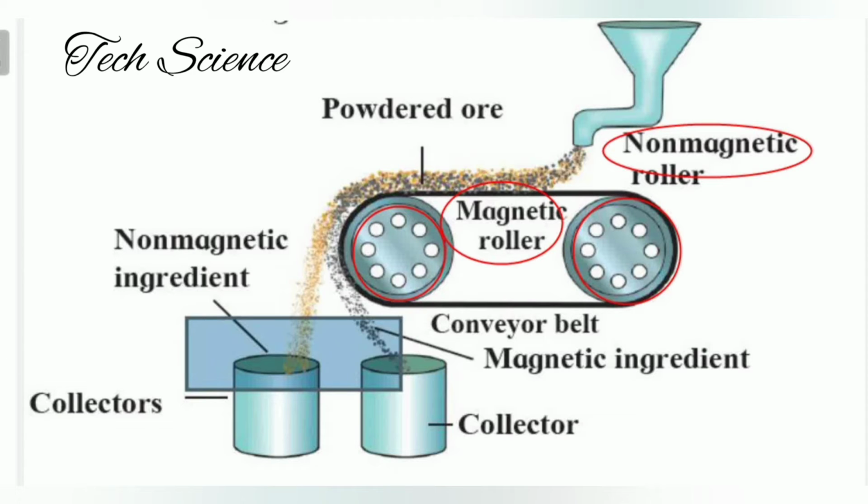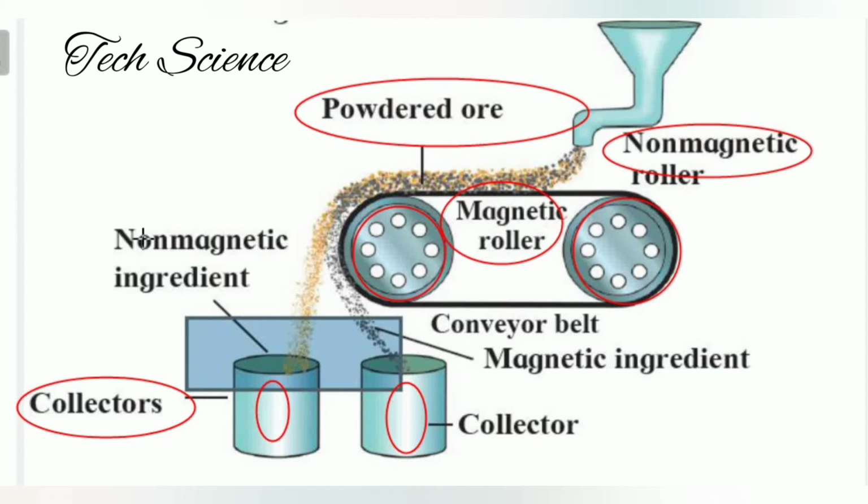After that we have two kinds of vessels called collectors. This is the first collector and this is the second collector. In this we have to separate the two types of things which are present in the powdered ore.